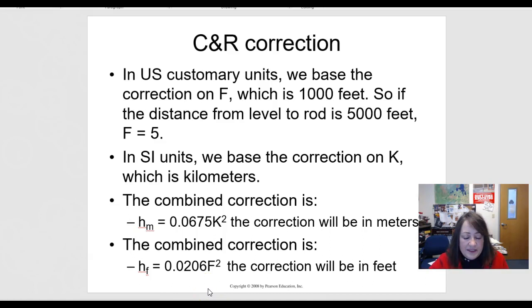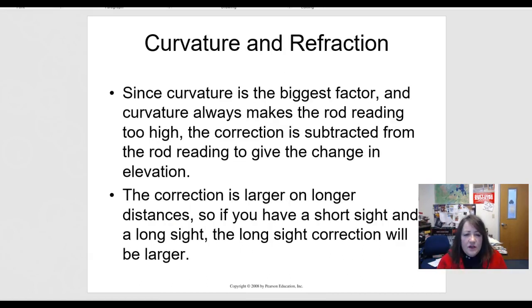The further the distance, or the further the unbalanced backsight and foresight, the larger the correction, and it's not linear. So a 2,000 foot correction is much larger than a 1,000 foot correction. It's not just double.